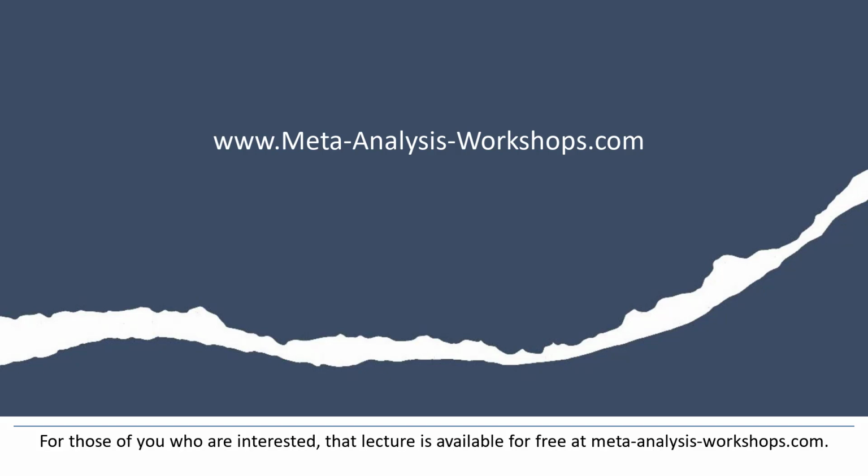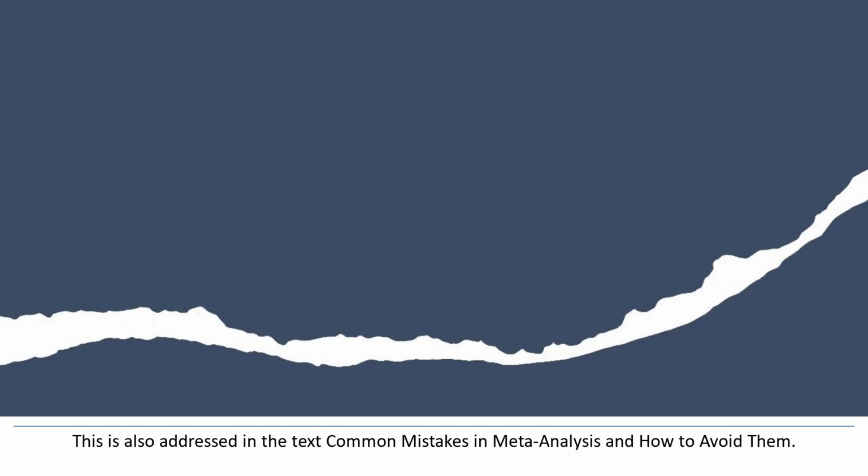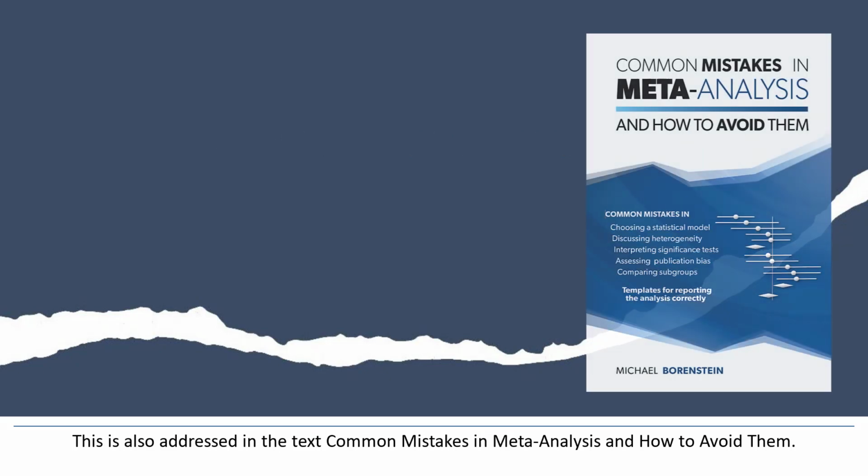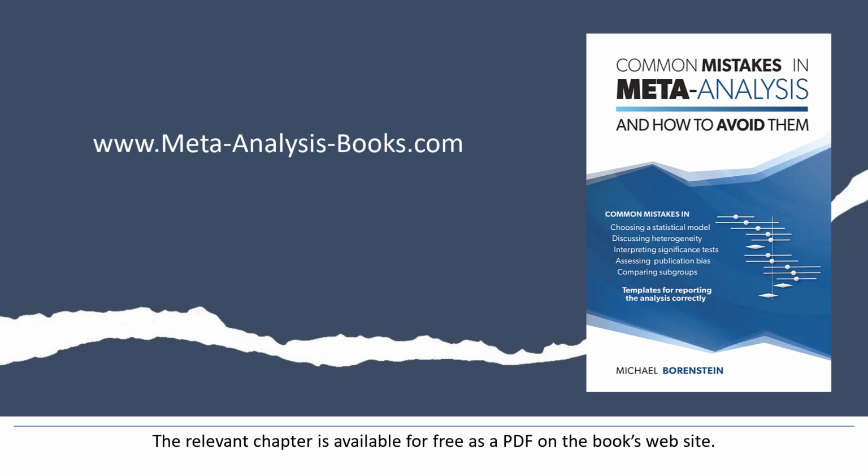For those of you who are interested, the lecture is available for free at metaanalysisworkshops.com. And this is also addressed in the text Common Mistakes in Meta-Analysis and How to Avoid Them. The relevant chapter is available for free as a PDF on the book's website. I encourage you to take advantage of these resources.